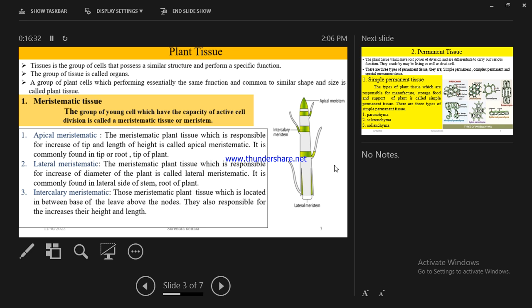From this, we can summarize that apical tissues are generally found at the top of the plants, the tip of the stem, the tip of the roots. And intercalary meristematic tissues are generally found between the nodes of the leaves.